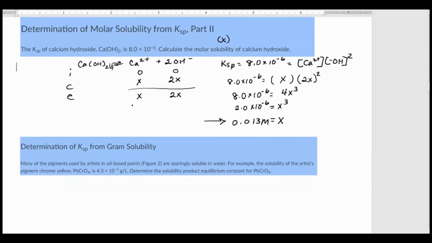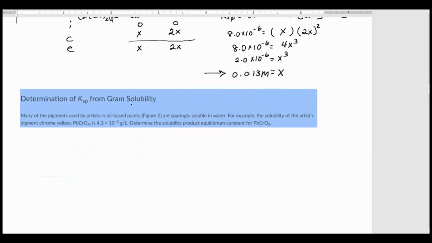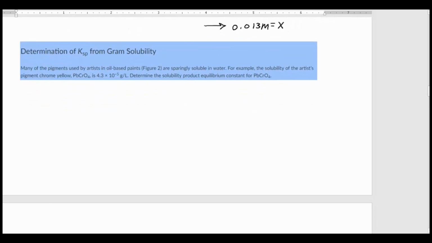Now the solubility is not always given in molarity. So sometimes you're going to have to convert. It's not a big deal. So here we have lead chromate. The solubility of lead chromate is given at 4.3 times 10 to the negative 5 grams per liter. So here you have to convert your grams into moles. So you need to find that molar mass.